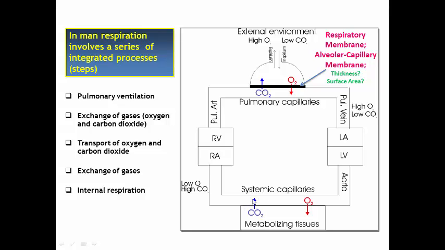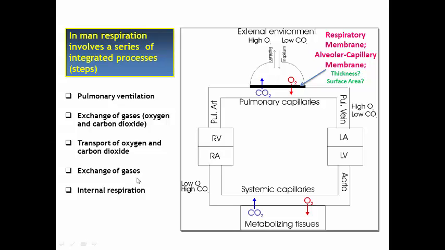And now the blood becomes venous blood or mixed venous blood or deoxygenated blood. This blood is low in oxygen and high in carbon dioxide, is transported to the right side of the heart, then from the right side of the heart again to the lungs for reoxygenation.